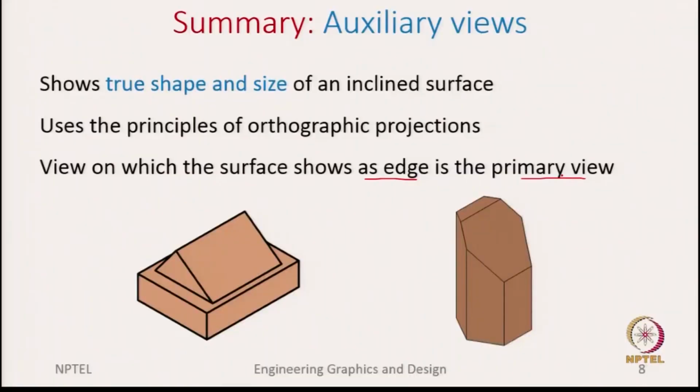Finally, we said we need to decide the primary view, because that helps to open up the rest of the views. We notice that this primary view will capture the surface of interest as an edge, and then it becomes the primary view upon which you open up the auxiliary view and the other views.